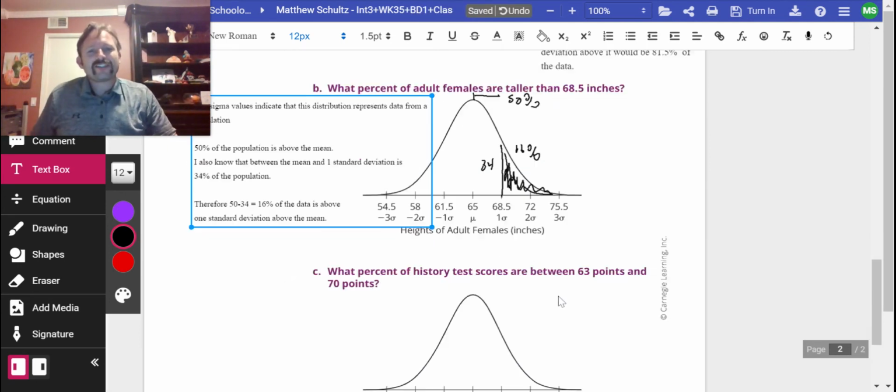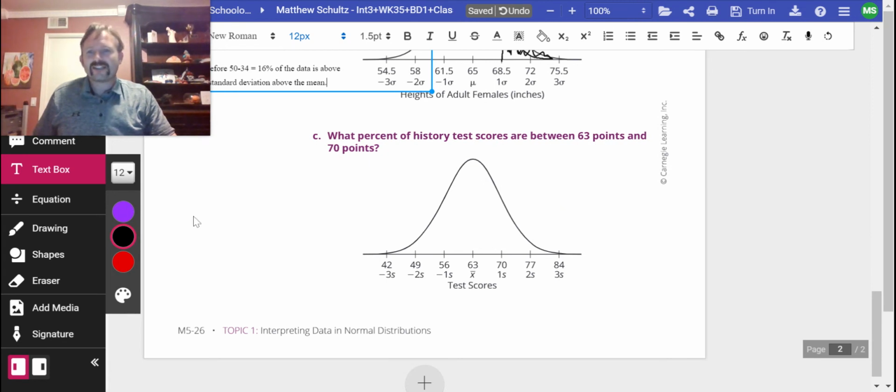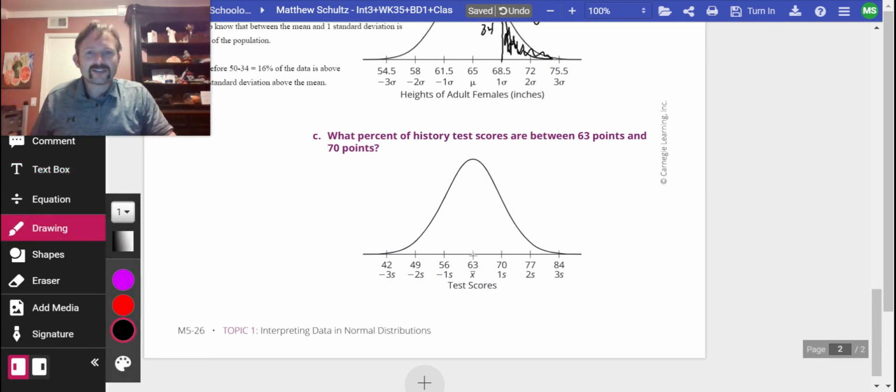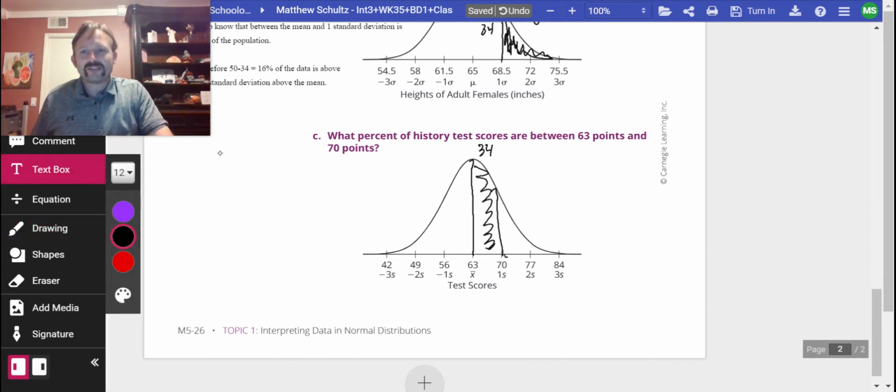What percent of the history test scores are between 63% and 70%? Well, let's draw it in. So 63 and 70%. Well, by golly, we just said, it's 34%. Let me shade it in. Okay, but let's talk about it.